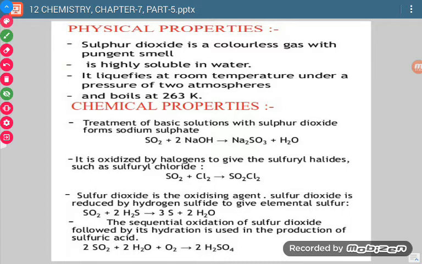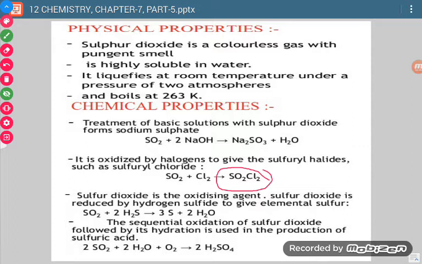Now similarly, when it combines with halogens, it forms sulfuryl halide. Just like if it combines with chlorine, it forms sulfuryl chloride. Similarly, sulfur dioxide is an oxidizing agent. It reduces hydrogen sulfide to sulfur.